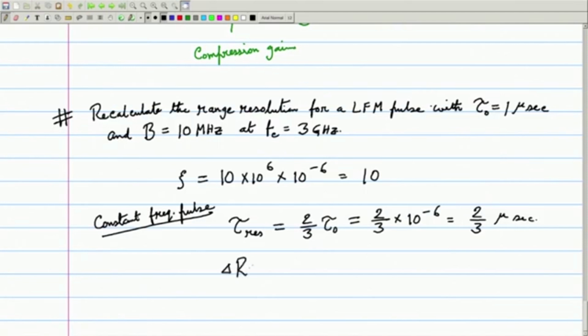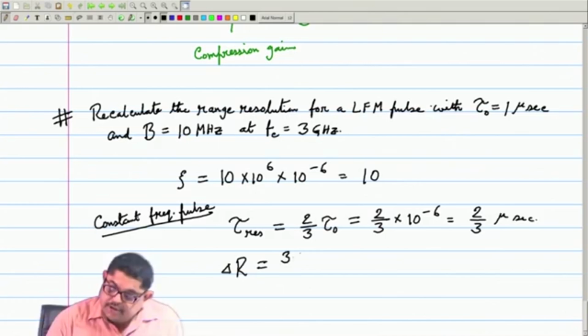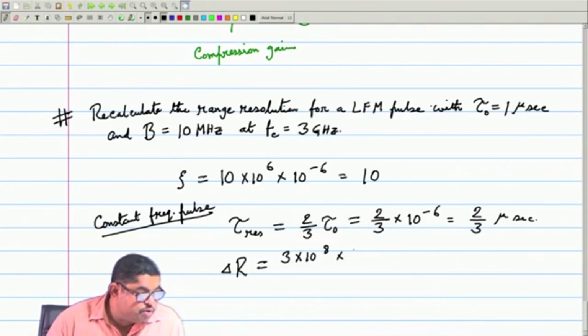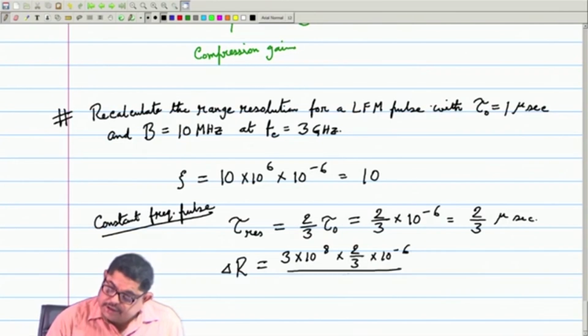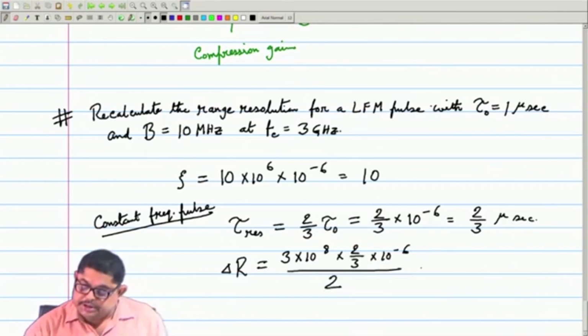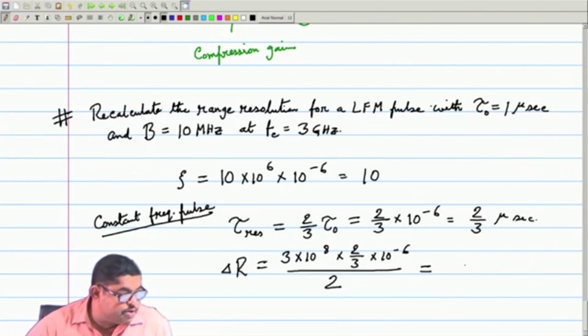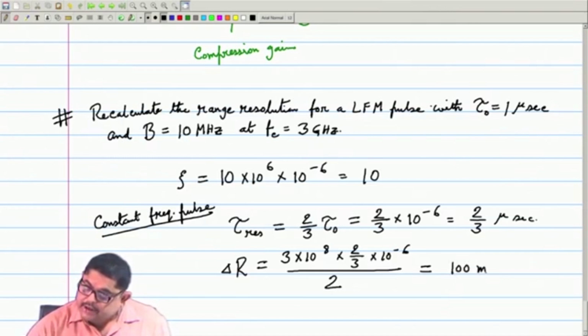If you do the delta r, that will be 3 into 10 to the power 8 into 2/3 into 10 to the power minus 6, by 2. These expressions we have earlier seen. So, if you do that, it will come to be almost 100 meters.